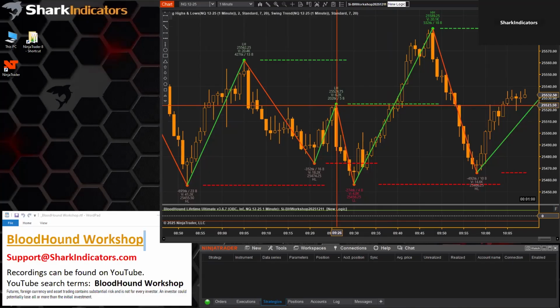But we also have a lower high here that's developing, and then I think it's going to turn into a double top, double bottom, and then eventually a higher high. So we want to make sure that this lower high doesn't produce a signal, or effectively gets turned off, reset.